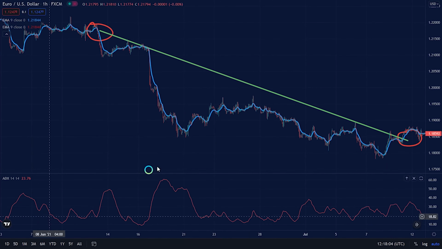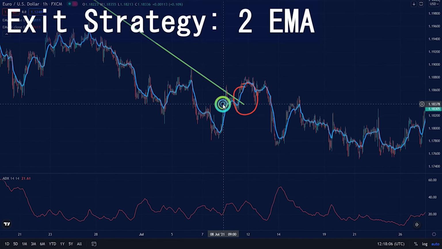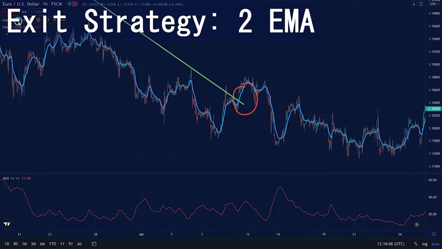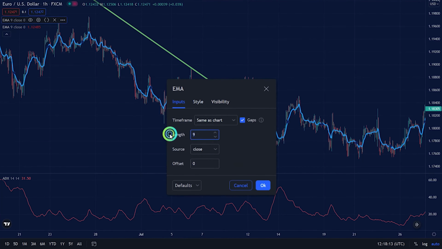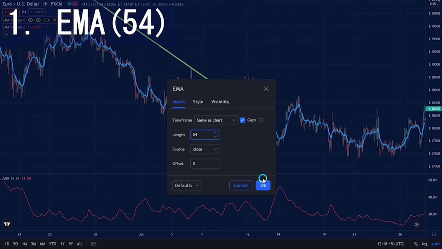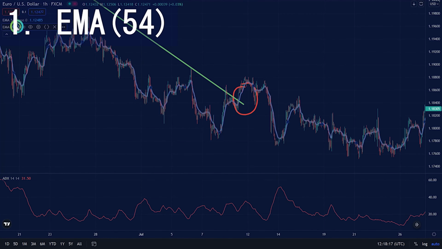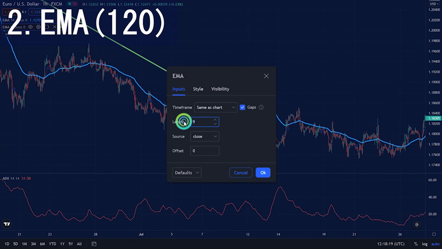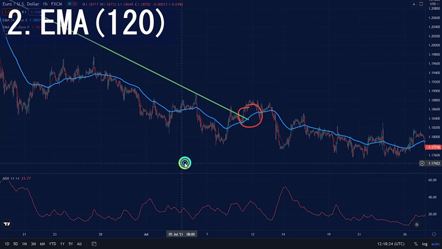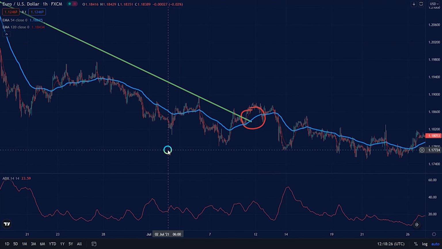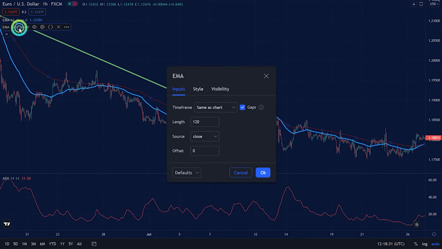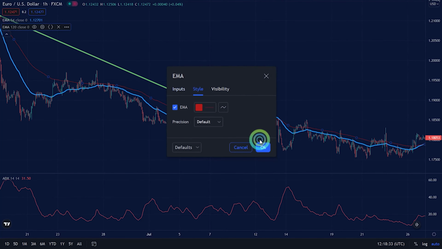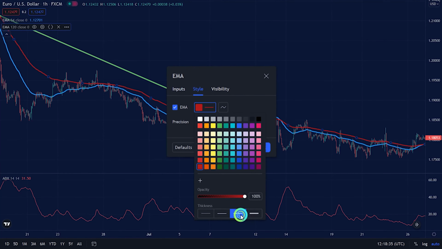For the exit strategy, we will need two EMAs, exponential moving averages. The first exponential moving average will be the 54 one, and the second will be the 120. And as you will see, I will show it to you, but first I want it to be a little bit bigger so we can actually see it like this.